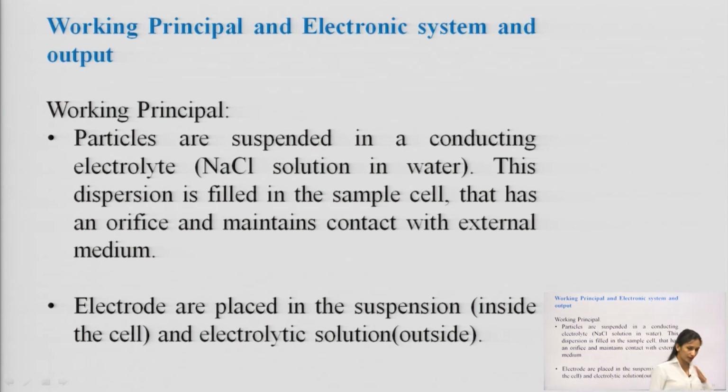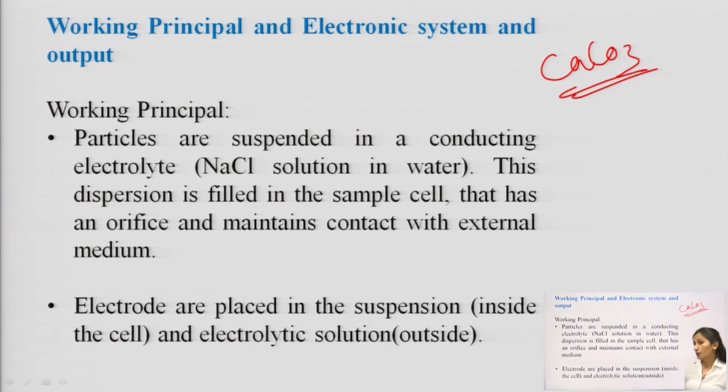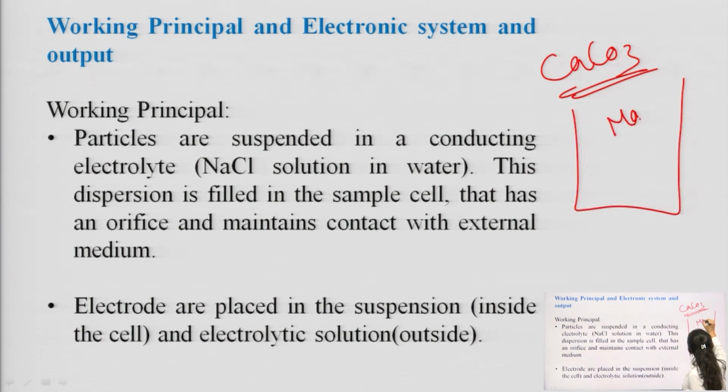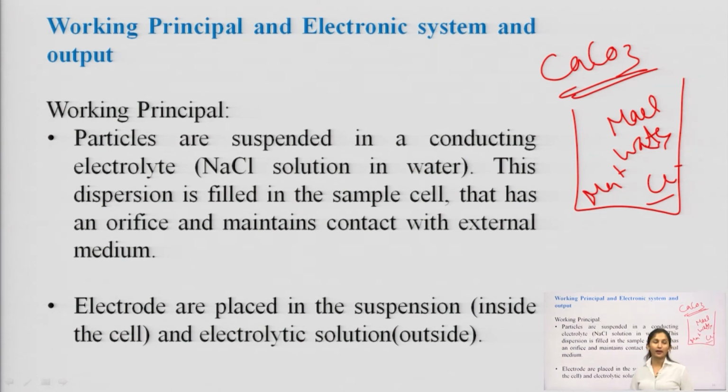For example, here again I am going to determine the calcium carbonate particles volume. First I have to disperse these calcium carbonate particles into a NaCl solution in water. Why? NaCl gives Na plus and Cl negative, an anion and a cation, a good conductor of electricity.